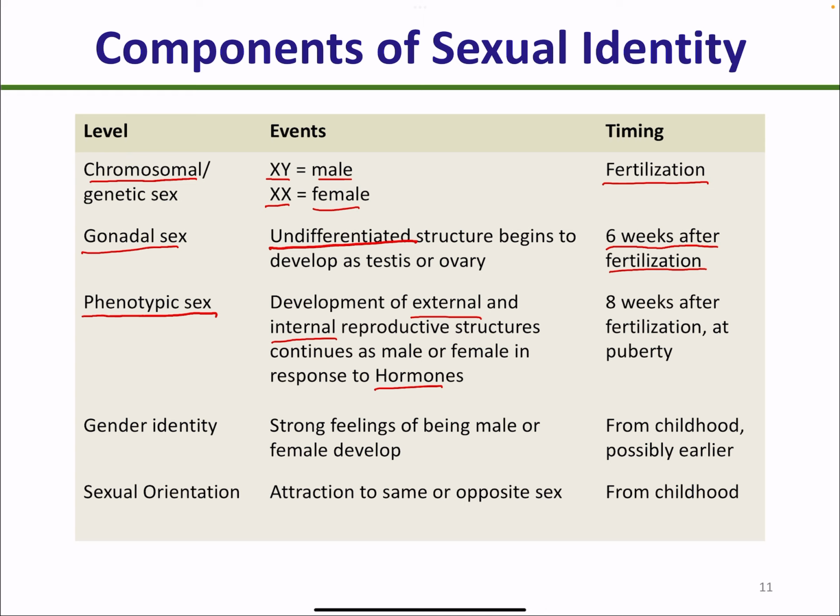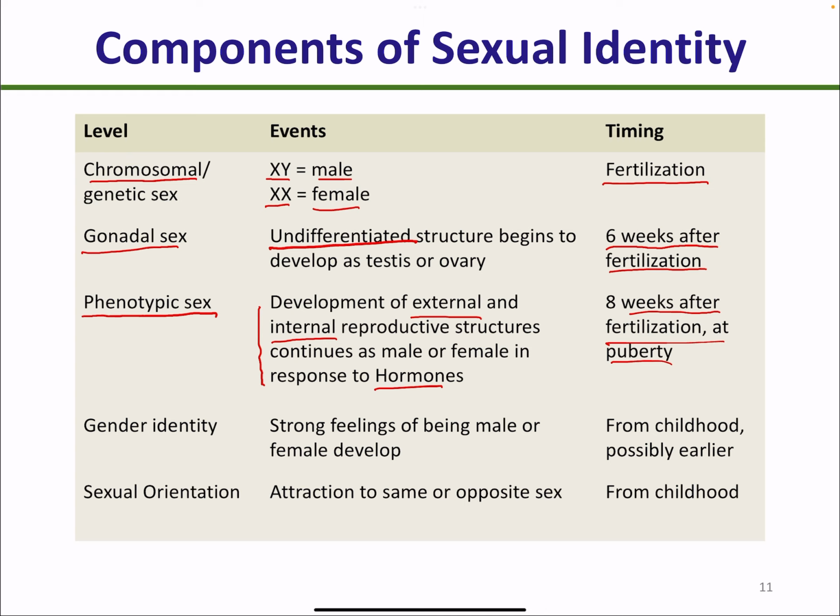So we're going to start seeing some features clearly apart between male and female at 8 weeks and after, right? And at puberty, we start seeing some features showing up. For instance, for female, breasts that are going to start developing. For male, hairy face, hair is going to start developing on the face.